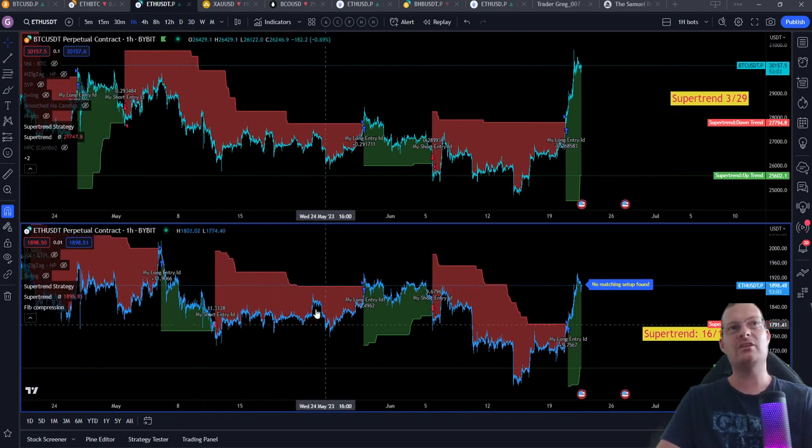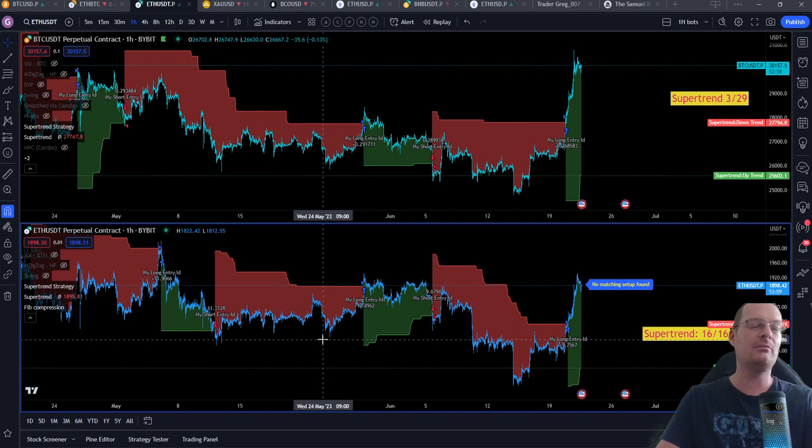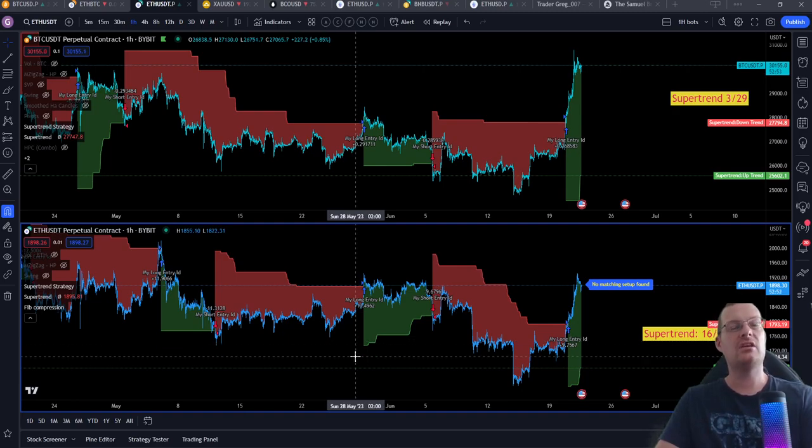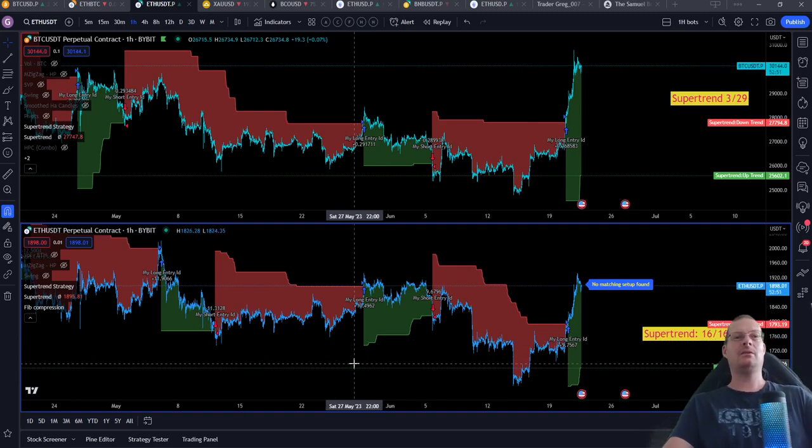Also keep in mind when you test on the 1 hour time frame, you only have a limited amount of candles that you look back. I think it's like half a year you look back. So that means your algo, how to say, might not perform as well in a bull market as in a bear market.